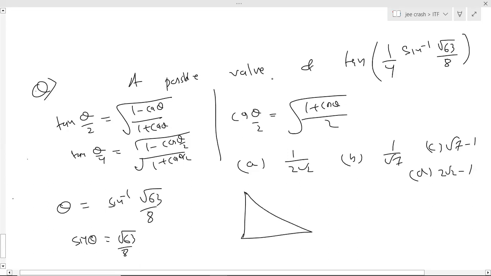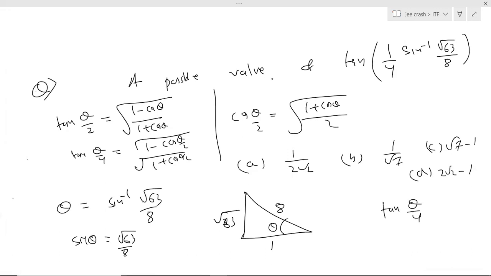So if there is a triangle, this is theta. So perpendicular upon hypotenuse. So the base will be root of (64 minus 63), which is 1. All right. So what we have to calculate, if you look at the question, is tan theta by 4. Right, everyone?